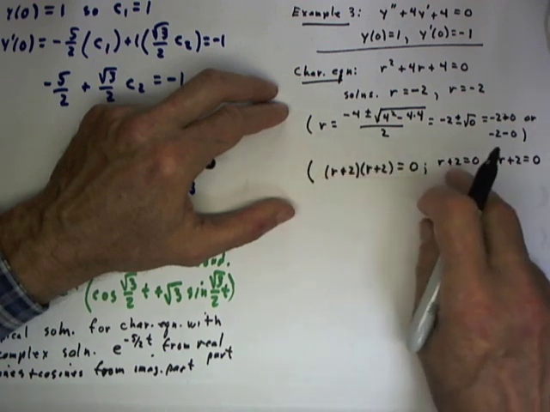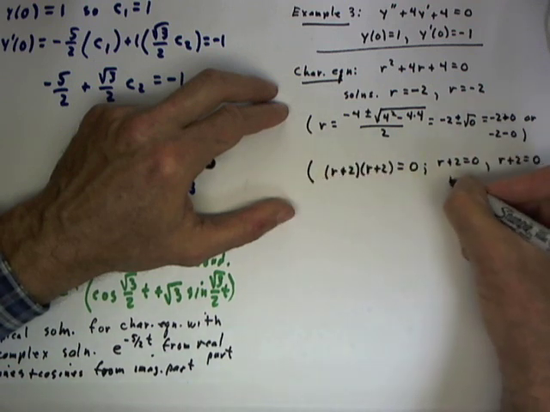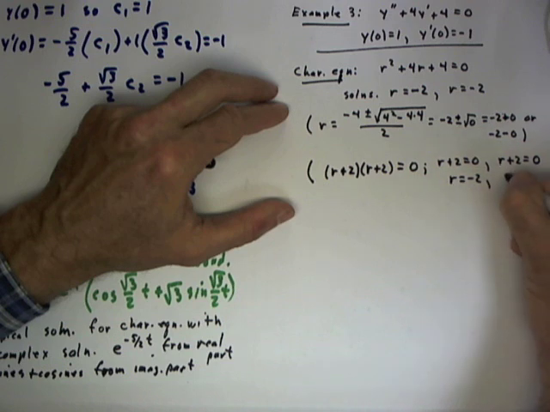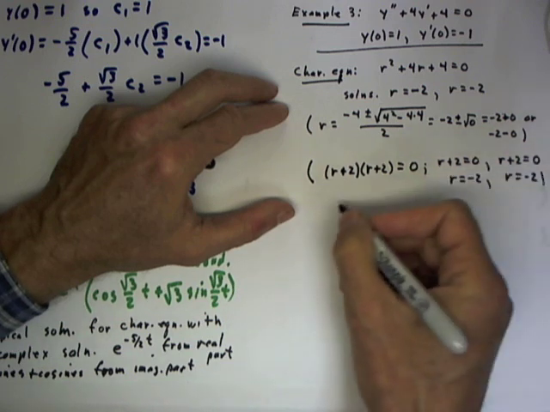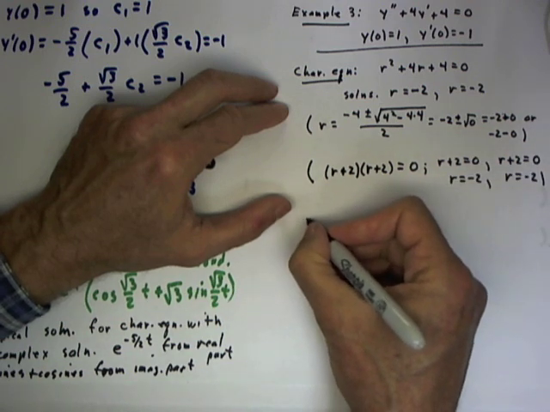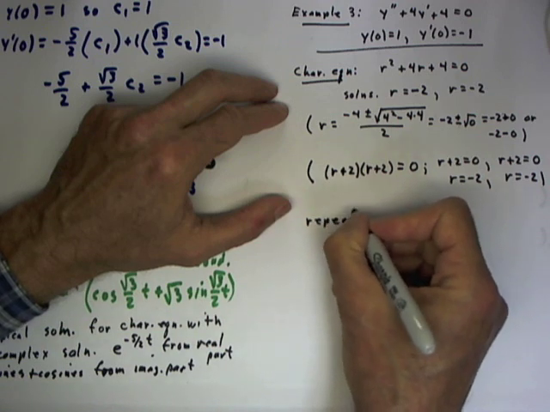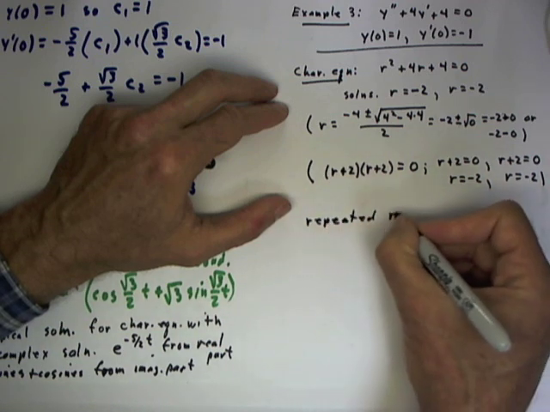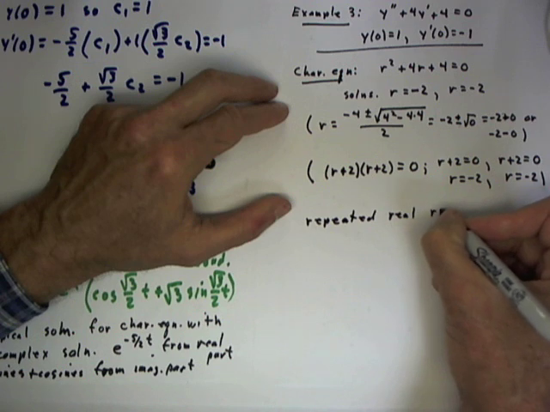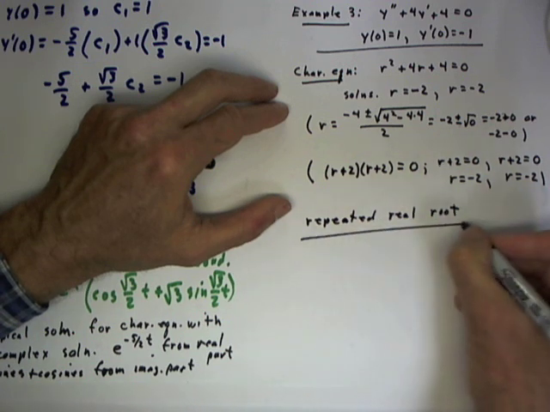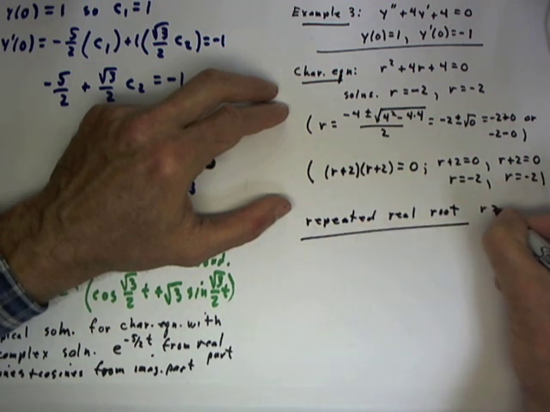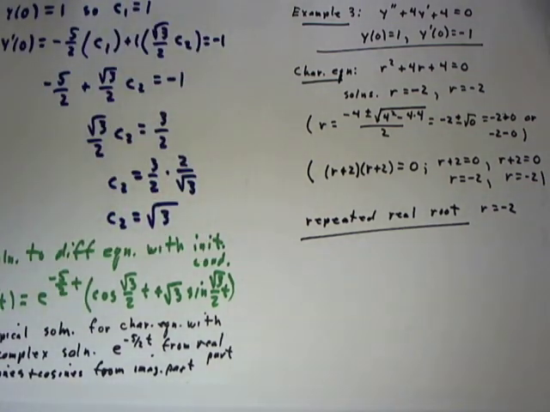Each of these gives us a root. So the root here is r equals -2, the root here is r equals -2. So what we have is a repeated real root, r equals -2.